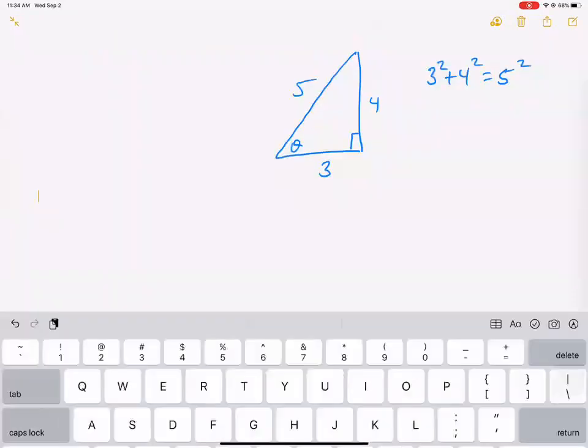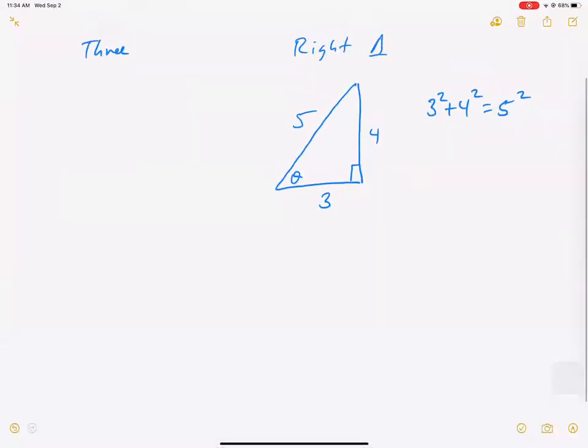And the first rule we're going to come up with is something called sine. Sine theta is equal to what we would say opposite over hypotenuse.